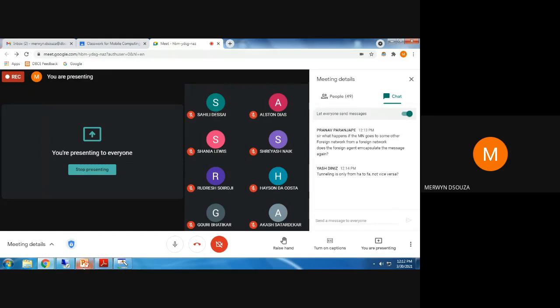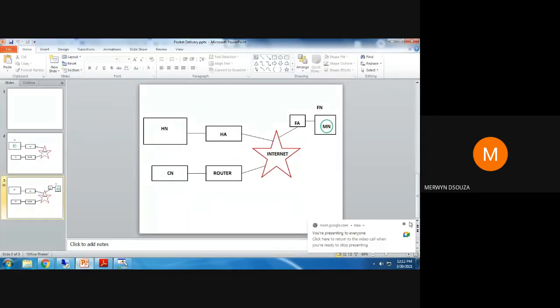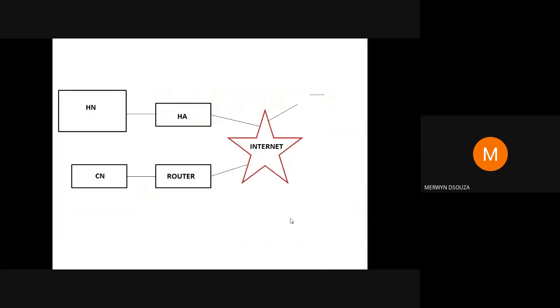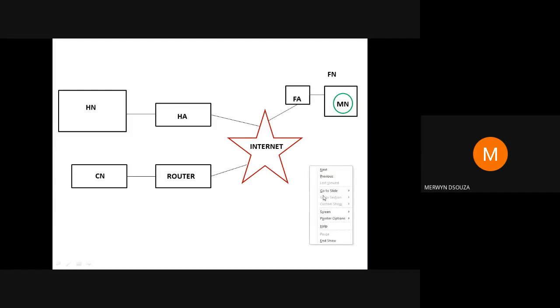So what he means to say is, right now we are having just one foreign network here. So he wants to know if this MN goes to some new foreign network. Okay, say this is the new foreign network. The MN is no longer here. MN comes here. So what will happen?